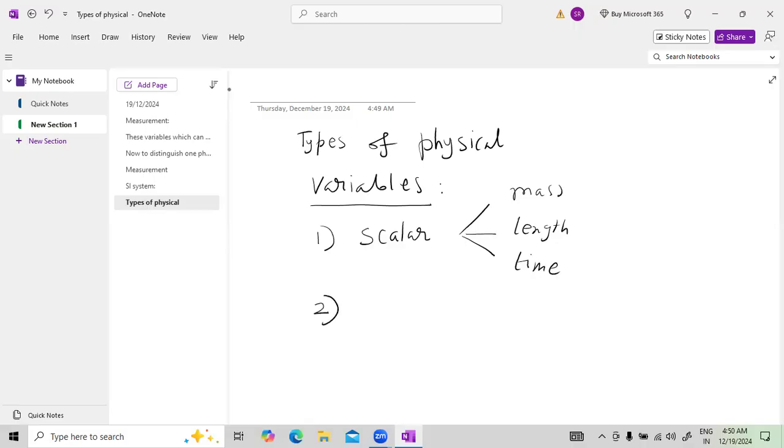And second is vector. We will soon come to know what a vector is. The scalar variables are mass, length, time, temperature, etc.